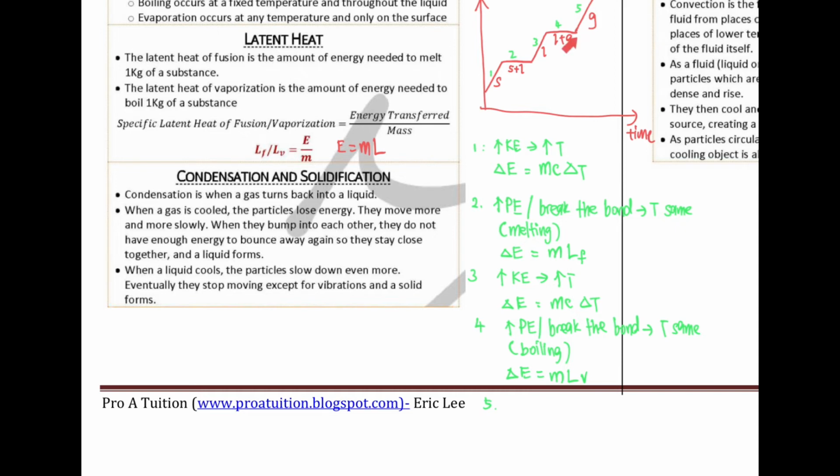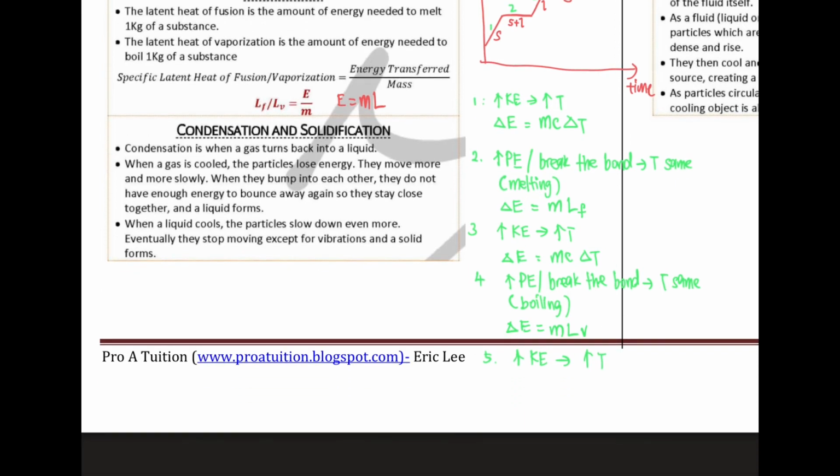Number 5 is where the boiling process finishes and then the gas continues to be heated up, getting higher and higher in temperature. That means the gas uses the energy to increase the kinetic energy, and hence its temperature increases.